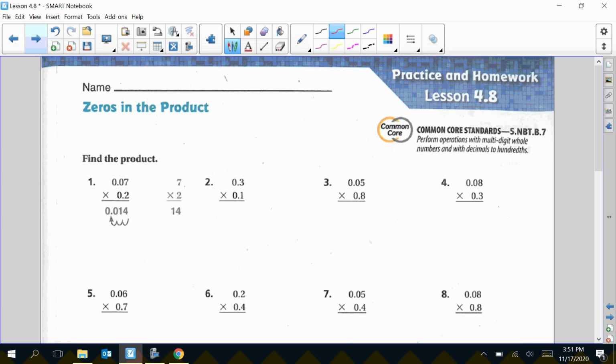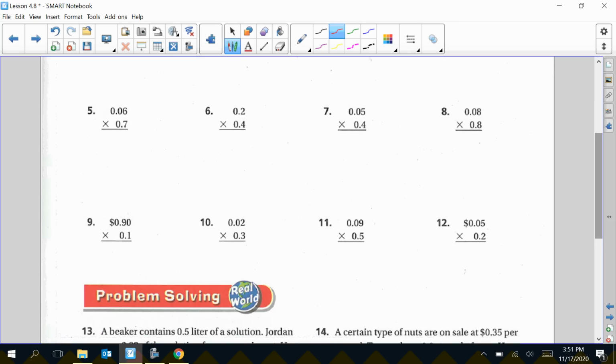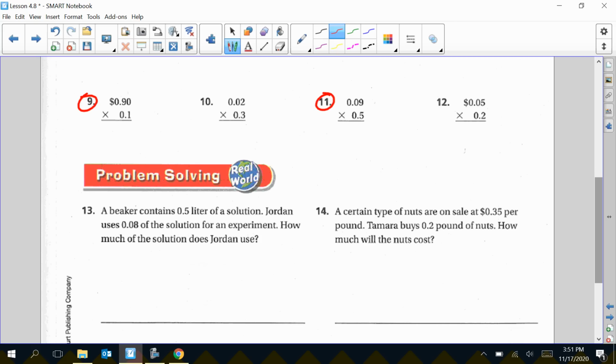Tonight for homework, you're going to be solving the odd problems. We're doing numbers 3, 5, 7, 9, 11, and 13. Now be careful on number 9.